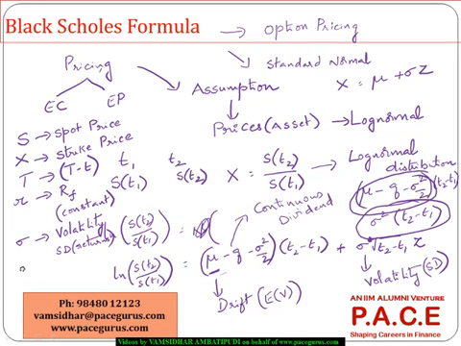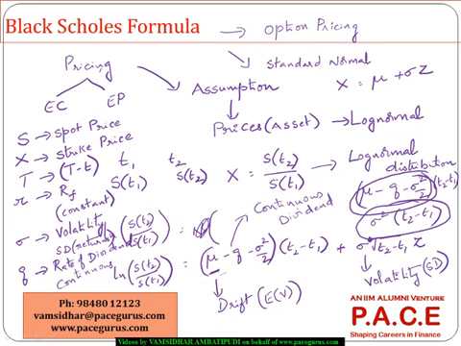And finally I am looking at Q, which is the rate of dividend declared on the underlying asset and which is paid on a continuous basis. So these are some of the important aspects that go as a part of the Black-Scholes formula.